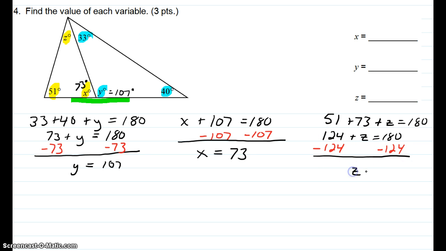And so z is going to equal 56. So we have x of 73, we have y of 107, and we have z is 56.